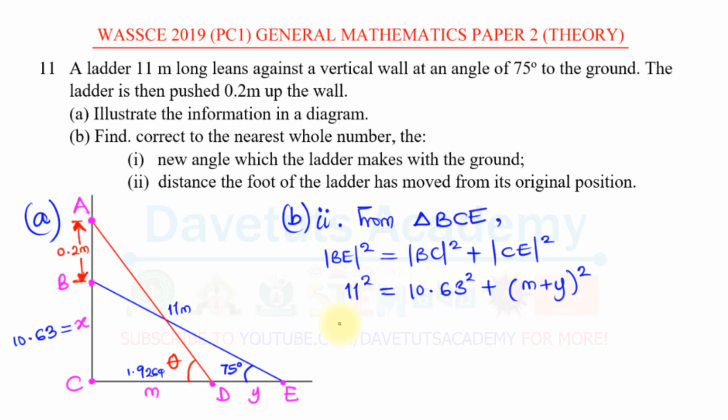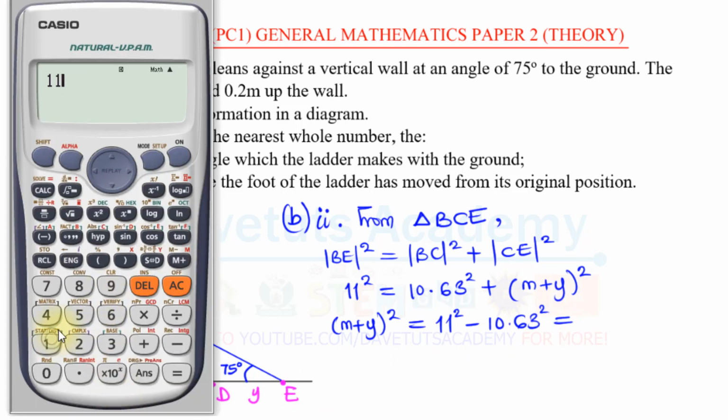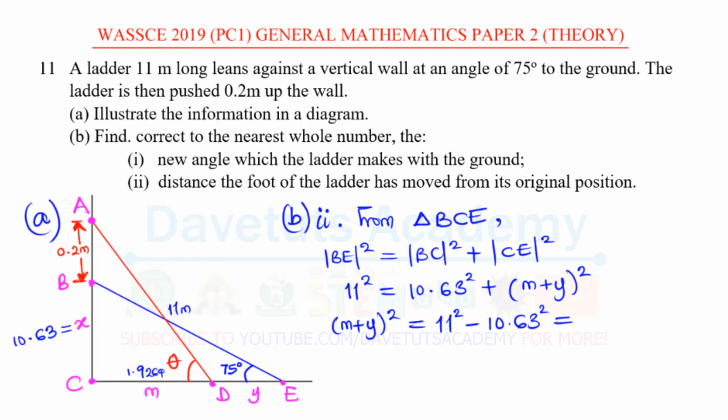So I can just say, in that case, M plus Y will be 11 square minus 10.63 square. So if I take out the calculator and say 11 raised to power 2 minus 10.63 raised to power 2, that's equal to 8.0031.